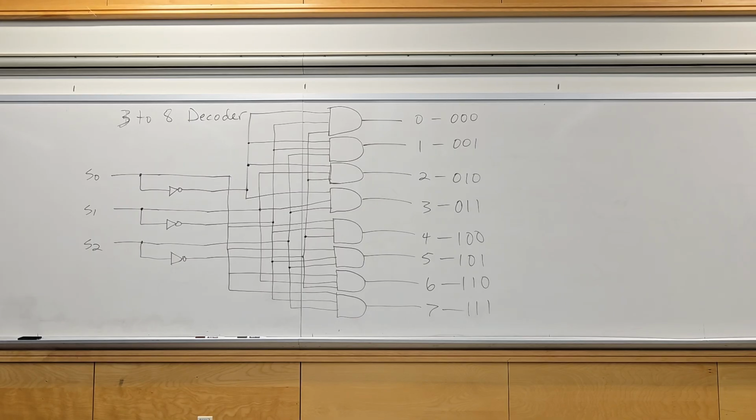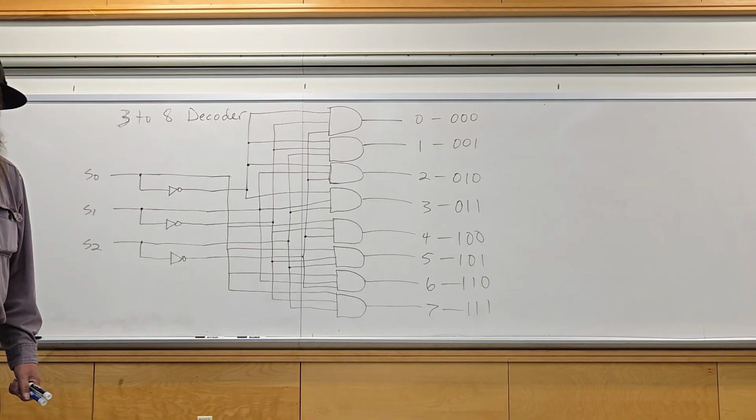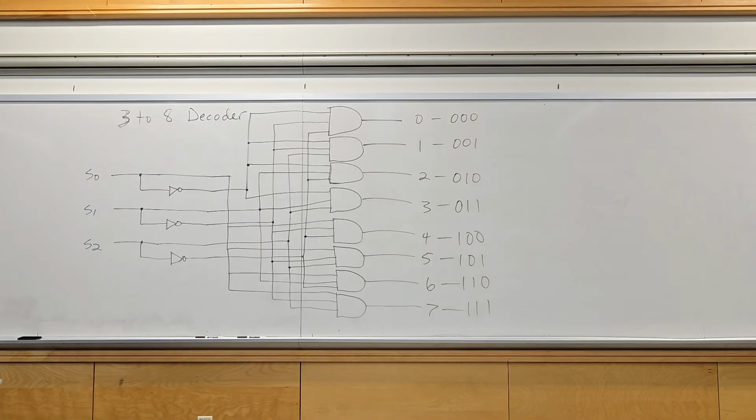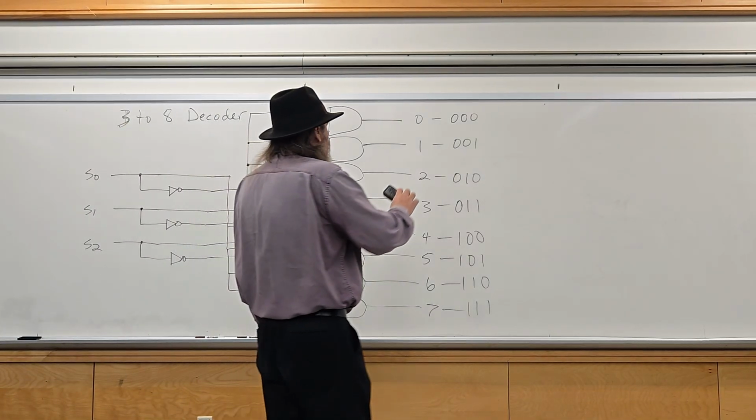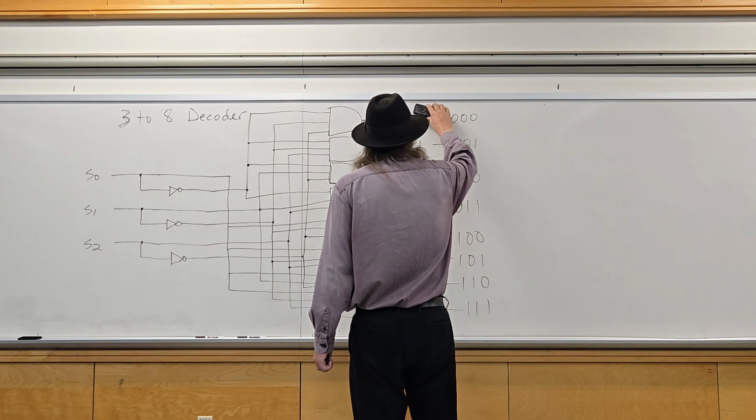Now where this is sometimes used is a chip that has multiple inputs but just one output. You have what's called a multiplexer.